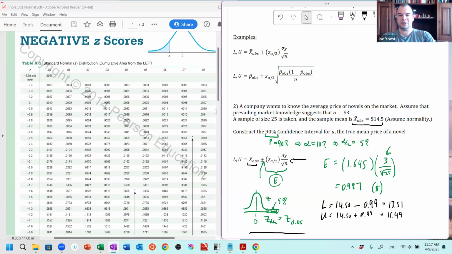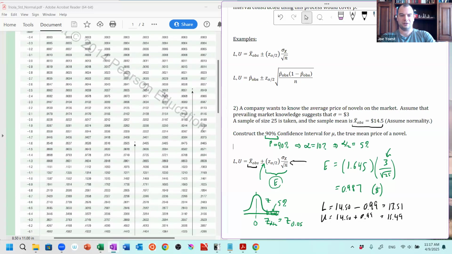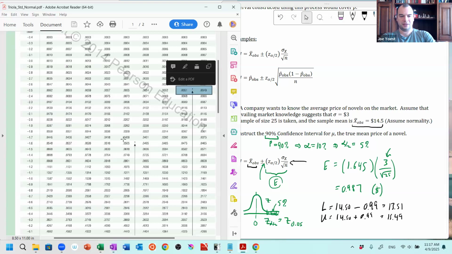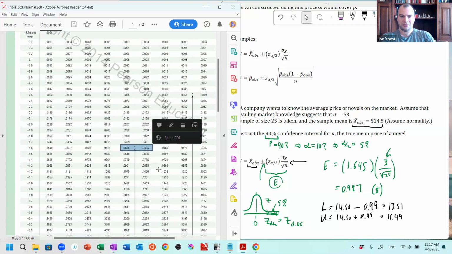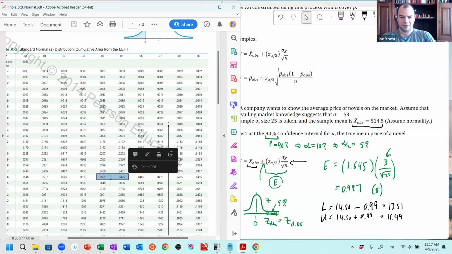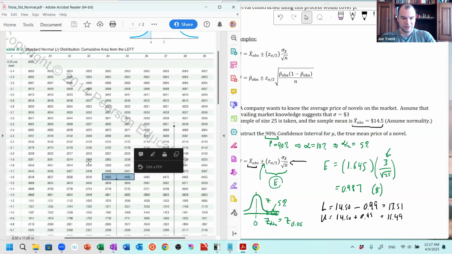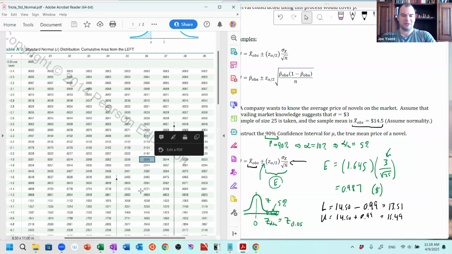When we were looking up z numbers for these confidence intervals, we kept coming back to this one, the 0.0250, wherever that one was. Why am I having trouble finding it? I think it's behind my cursor or my pop-up there. There it is, 0.0250.